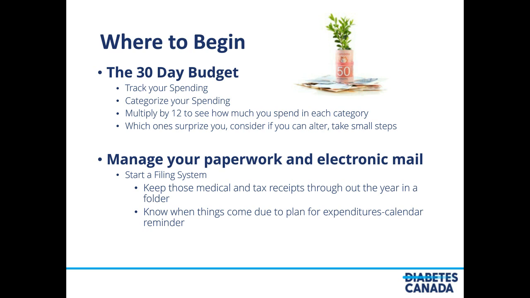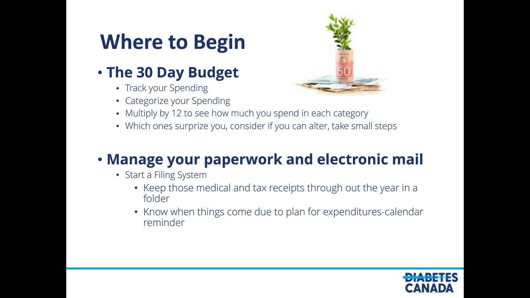Categorize the spending: food, entertainment, eating out, transportation, cell phone costs, etc. Record everything, including that daily coffee you drink, which, if you spend $5 a day on a coffee, amounts to $1,820 a year. The monthly fixed costs, mortgage or rent, utilities, insurance, need to be paid first. Then the rest are to be considered for how you can reduce those expenses.